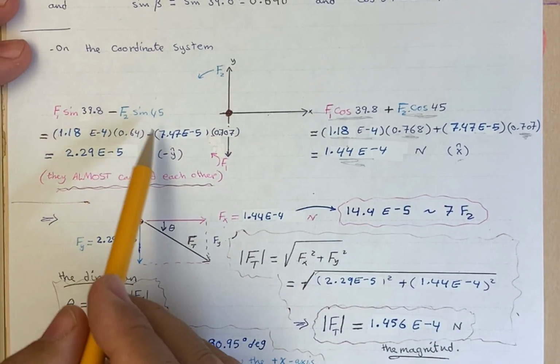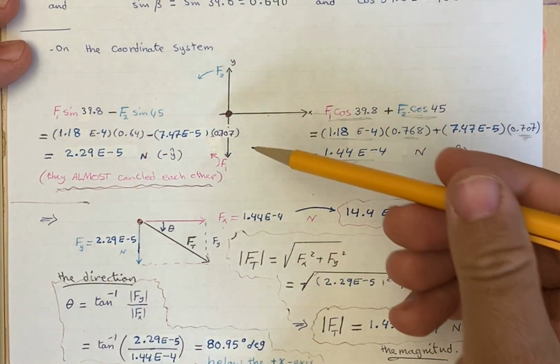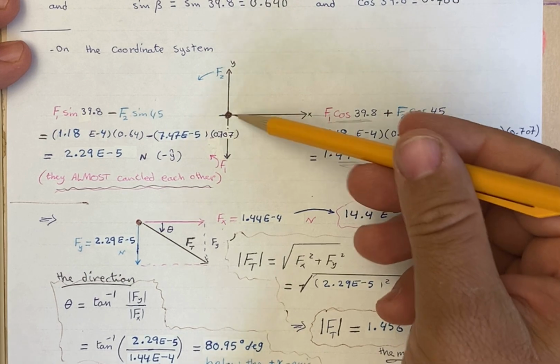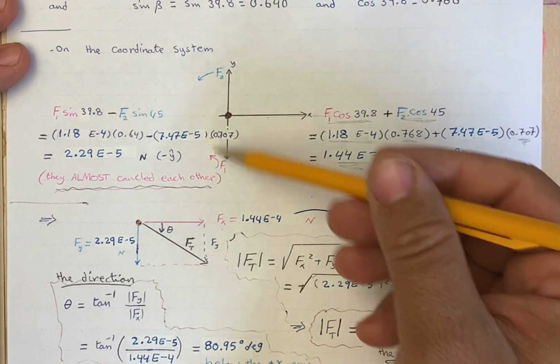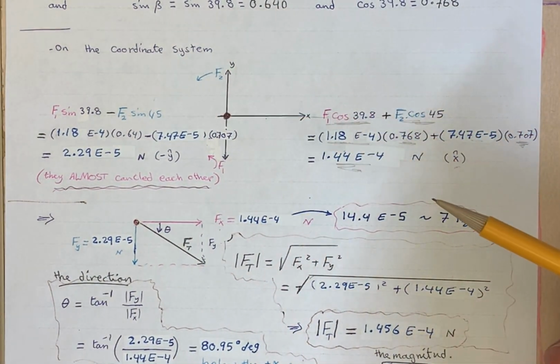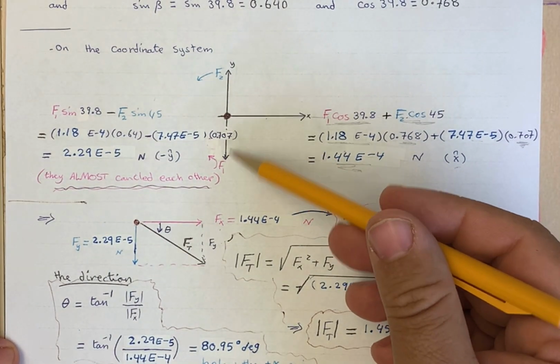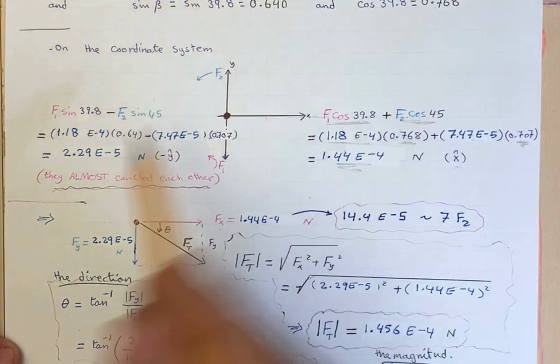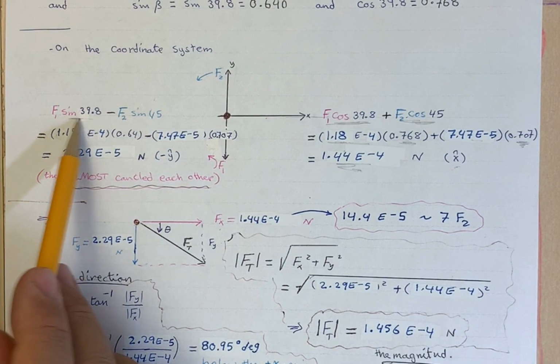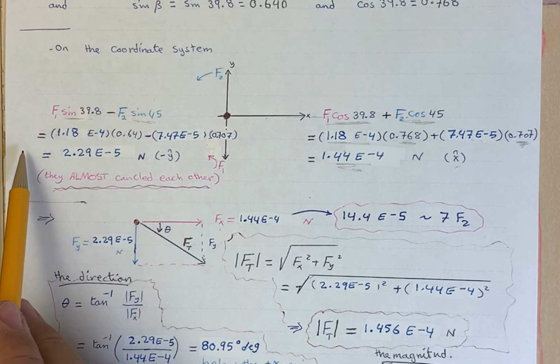And the same for y, I take the F1 direction minus the F2 direction. You can do that. The final direction is the direction of the biggest one. So I use the F1 component minus the F2 component, using the sine with the angles.